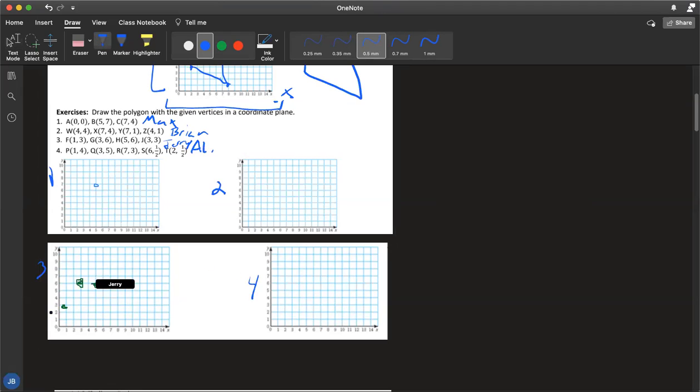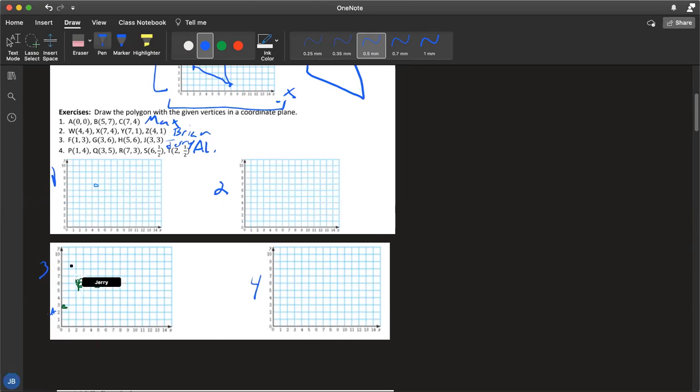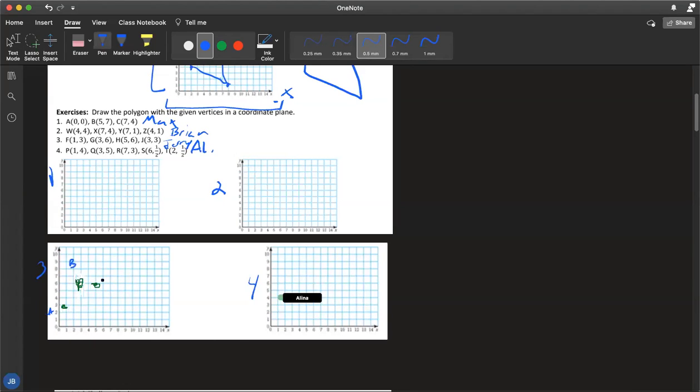When Jerry did this first one, this one's A. This dot A is 1, 3. 3, 6 was right here. That was dot B. It's kind of hard to see. There you go, Jerry. That was dot B. Then he had dot C.